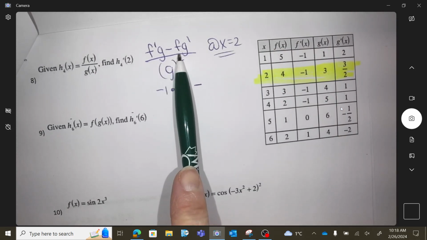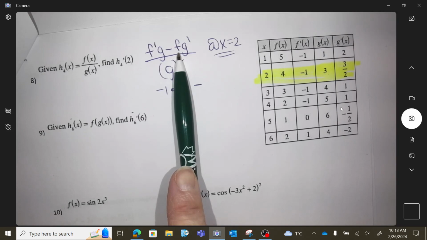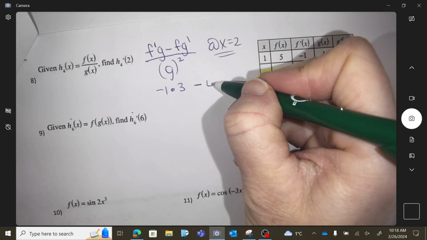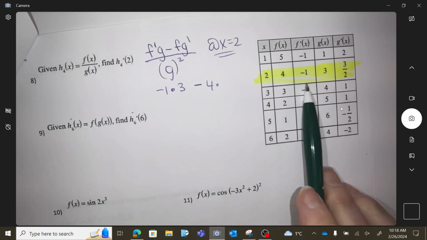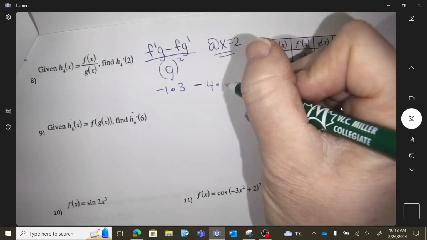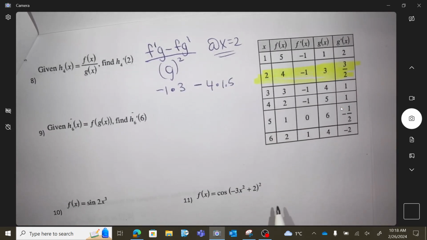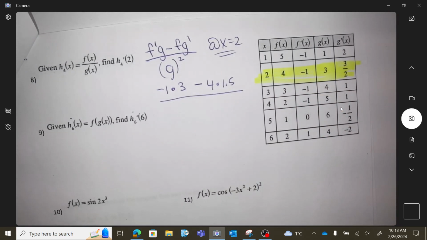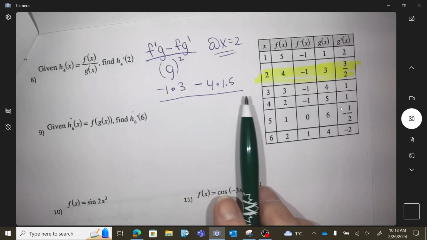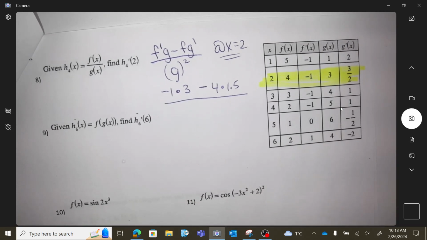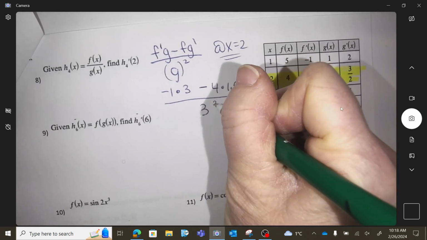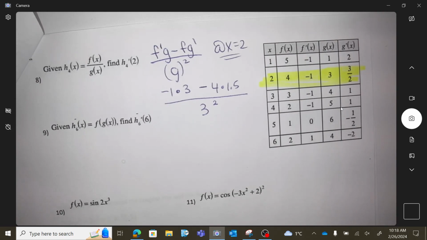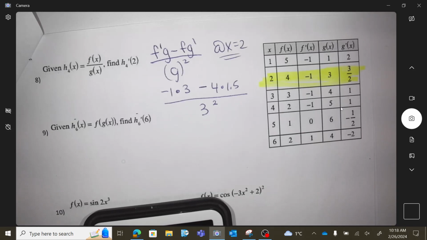Minus original F, 4. G prime, 1.5. Divided by original G, which is 3, squared. Good?